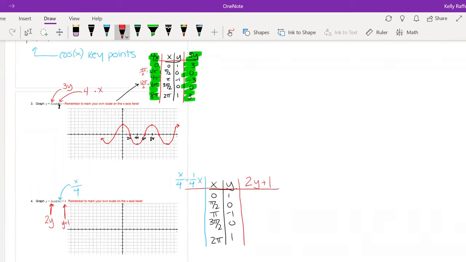And I'm going to write my new points out here. So 0. So 1/4 times pi over 2, we just multiply the denominator. So we get pi over 8. And then pi over 4. 3 pi over 8. And this would really be 2 pi over 4, which is pi over 2.